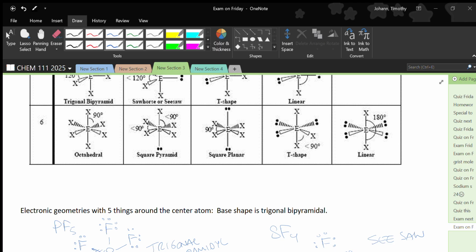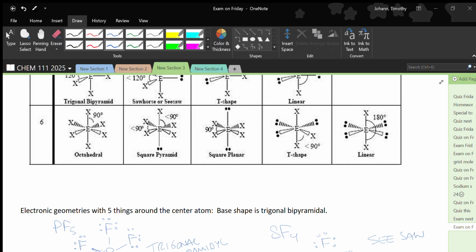All right, let's go to 6 thing electronic geometries. The base structure here is octahedral. So you can think about a square down here, okay? And you can think about then something sticking up above the square plane and something below the square plane. And then here, we don't have this weird plane in the middle where we have 120-degree angles, and that's where our lone pairs are going to go.